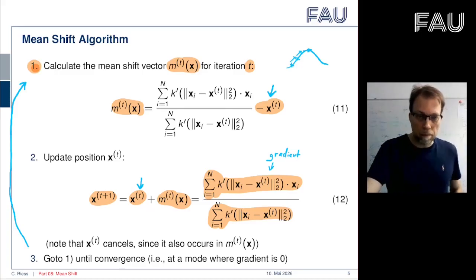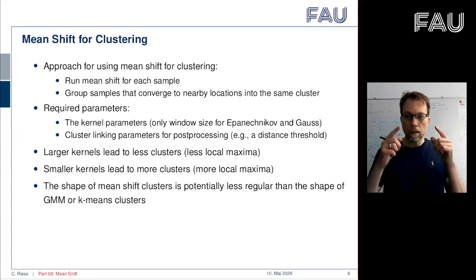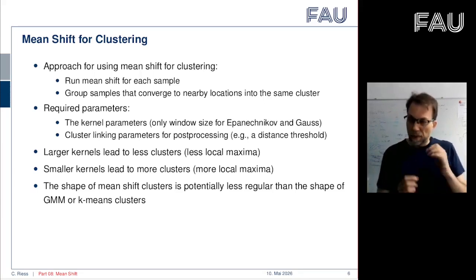And to plug this together into a clustering algorithm, you can say, okay, easy. I just run mean shift for each of my samples. They all will converge to some point. Not the very same point, but nearby locations.